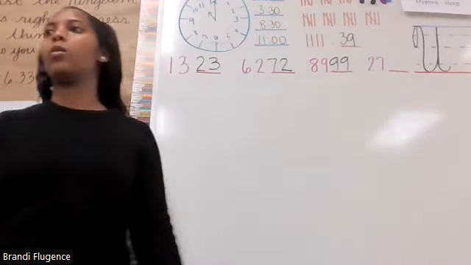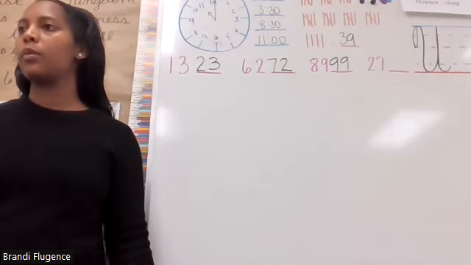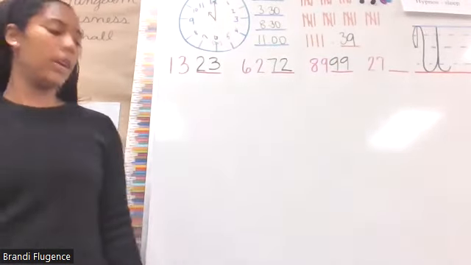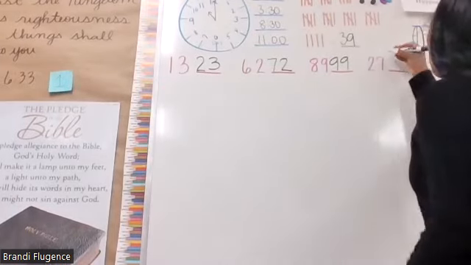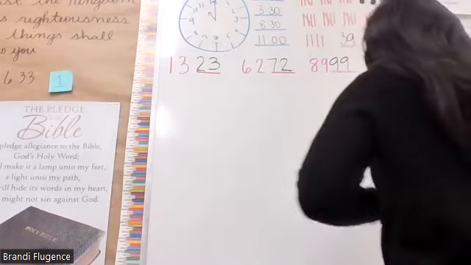After we say 20s, what number do we go into? 37. 27, 37. This is not getting easy, huh?